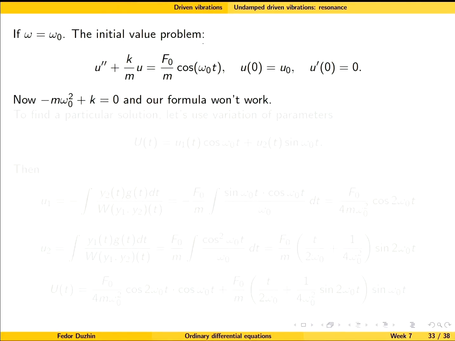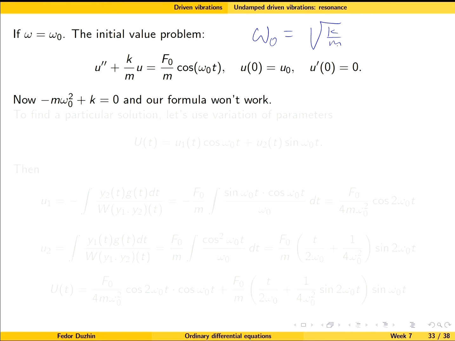So now let's look at the equations. We still have the same undamped left-hand side and the driving force on the right-hand side, but suppose now that the frequencies are the same. Here omega 0 is the square root of k over m.